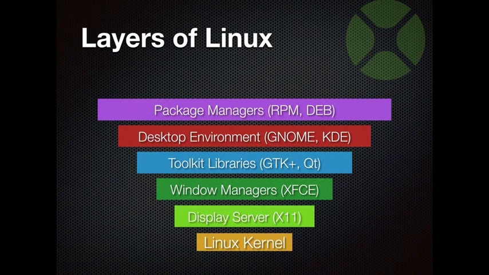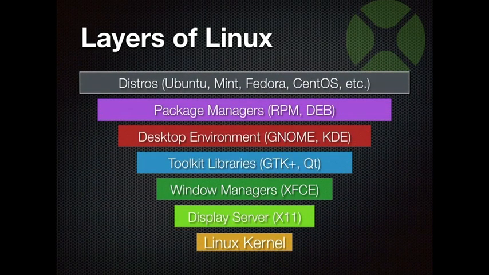It either uses RPM, which is Red Hat based, or the Debian package. And so now you have all these distros that utilize either RPM or Debian, GNOME or KDE, GTK or Qt, and a various number of other window managers out there too.